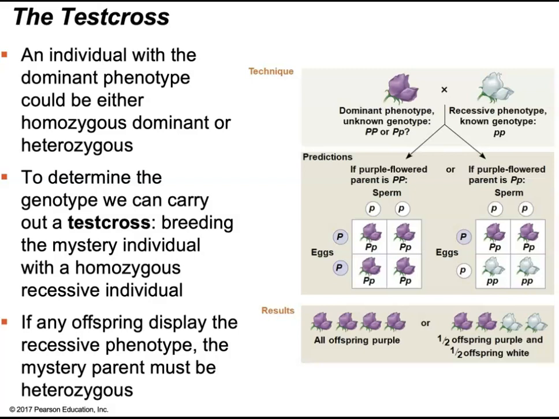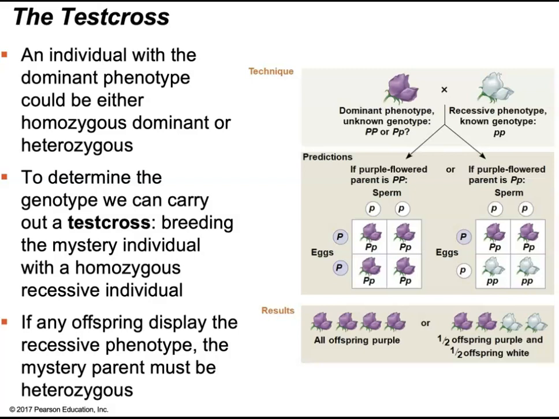The alleles for the sperm, in this case the white homozygous recessive flower, have been segregated across the top, and the alleles from the egg, in this case the purple flower with the big P, have been segregated on the left side of the square. After we fill in the square, we see that all offspring are purple. There are no white individuals. What are the genotypes present in these offspring? All offspring here are heterozygous hybrid individuals.